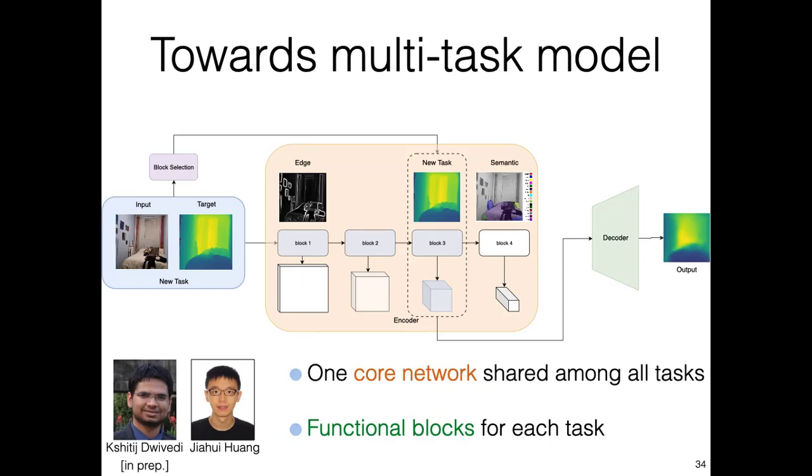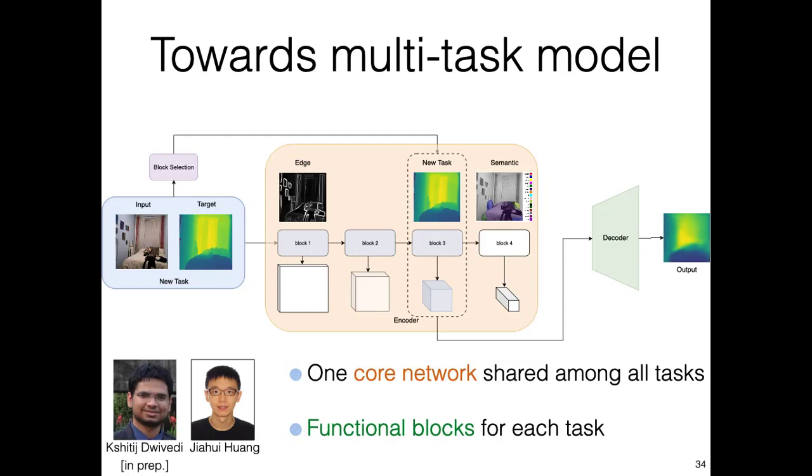So we can also use this to think about going towards a multitask model, having one core network that can be shared among all the tasks. So we think of this like having this core network with different functional blocks, one per task.